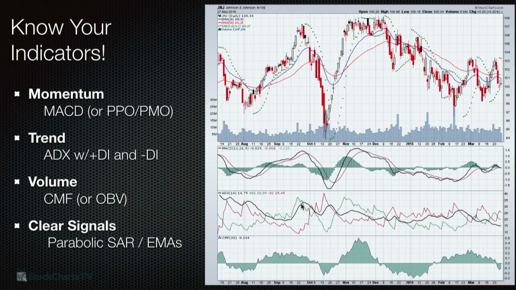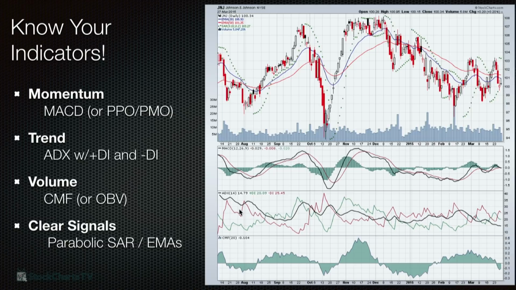Then you look at the red line and the green line. If the red line is up, that means the stock is trending down. And if the green line's up, that means the stock is trending up. So plus DI is up, minus DI is down. And the strength of the trend is what the black ADX line shows.